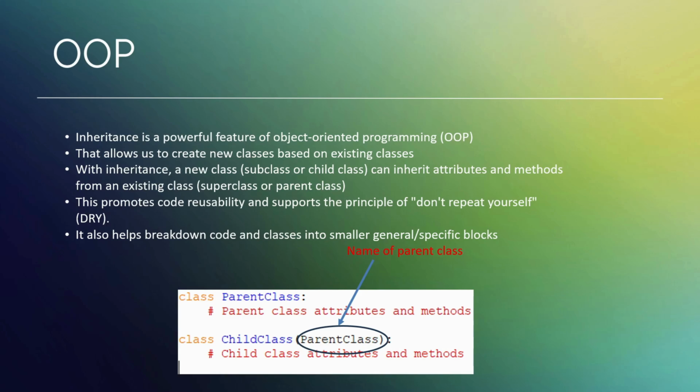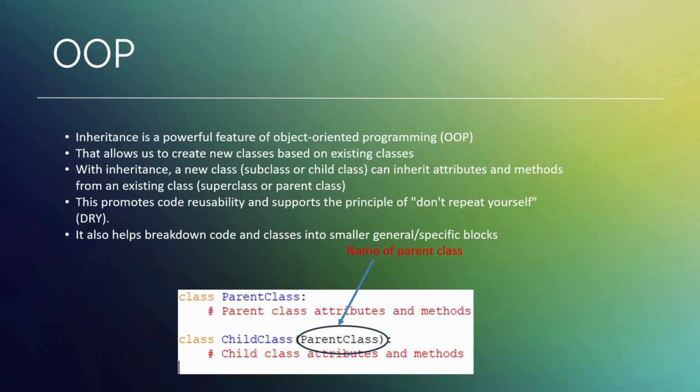instead of creating everything from scratch in the new class, what we prefer is that we can extend that class. Okay, and based on that, we can use some functions from the parent class and some from the child class.